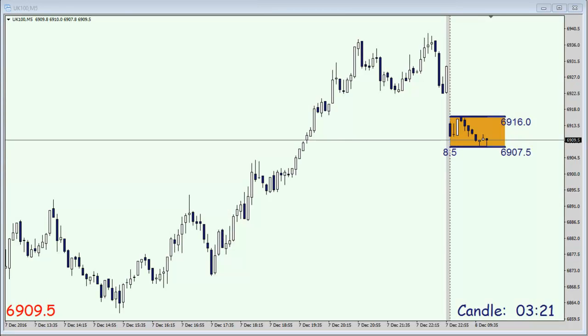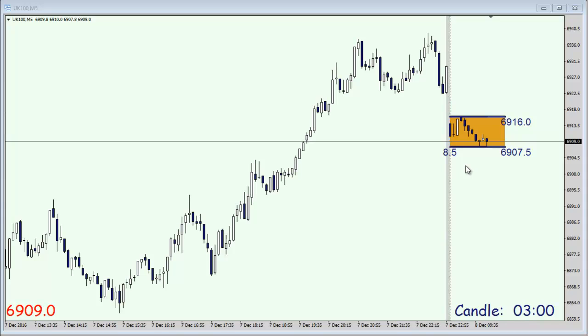Okay, so I've enlarged the FTSE chart here on my screen, and you can see that we have a box of just 8.5 points here, which is extremely little. Usually our minimum box should be 10 points here in the FTSE, maximum 15 or 16 points.